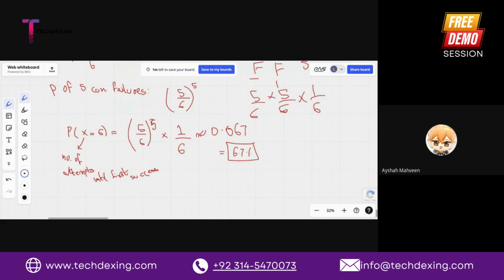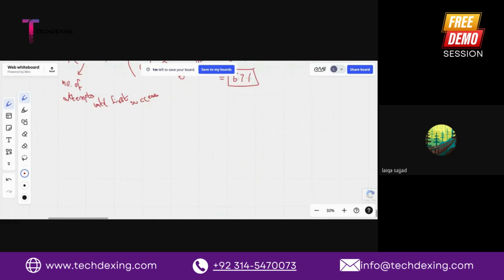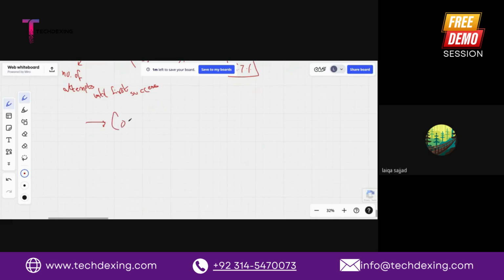Okay, so if we move forward and we look at the conditions for using the geometric distribution, do you know the conditions? What are the conditions?